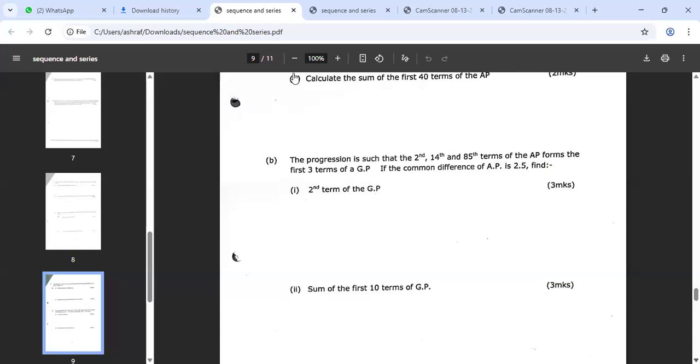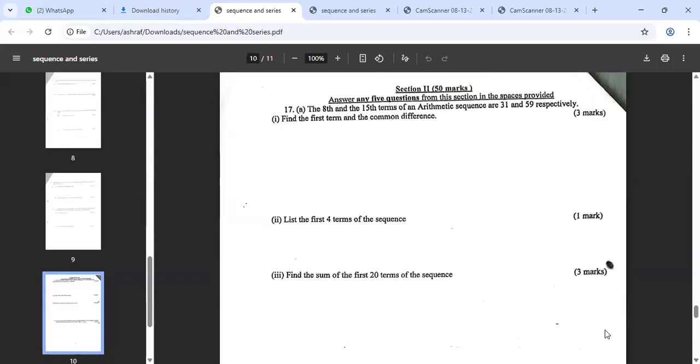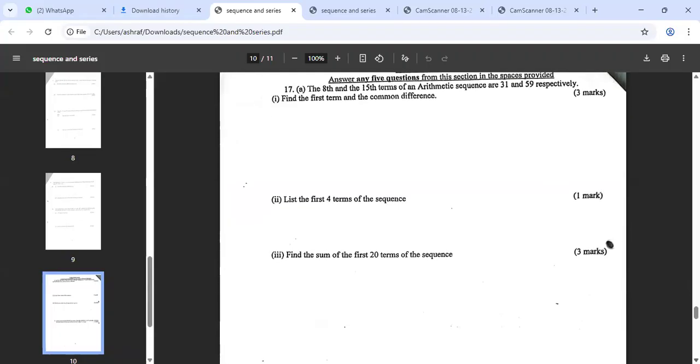So let's look at the next question. We only have one left. The first question is: the 8th and 15th terms of an AP are 31 and 59 respectively.